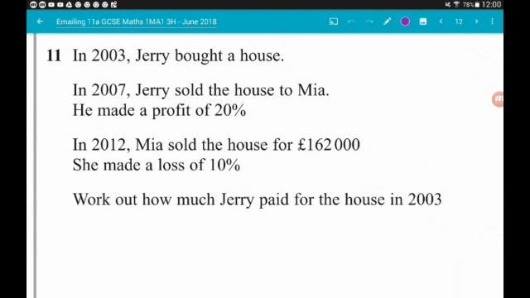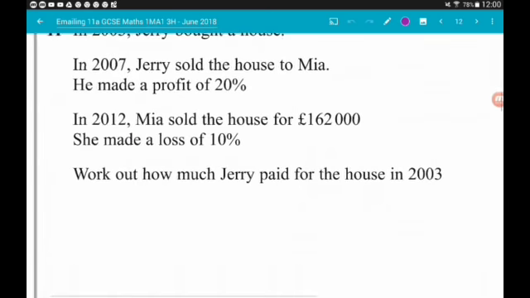So we need to work backwards through this story. So when Mia sold the house, she made a 10% loss.